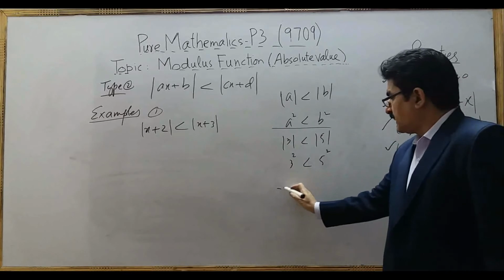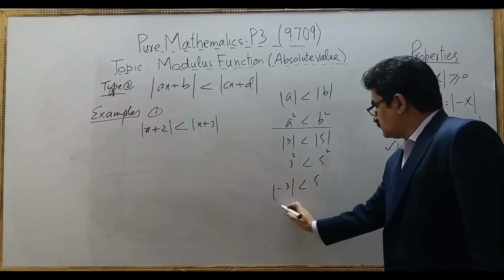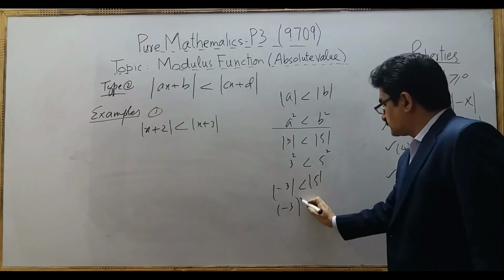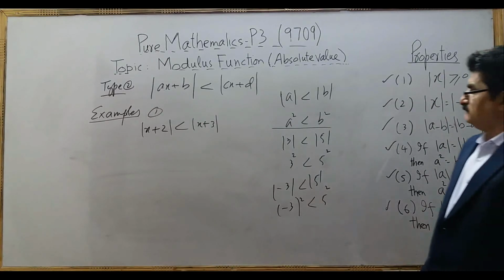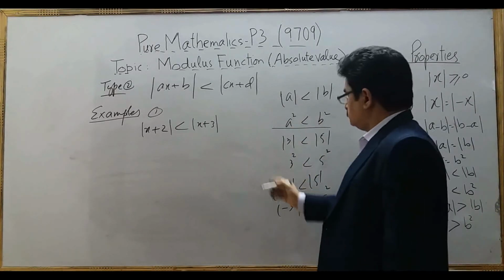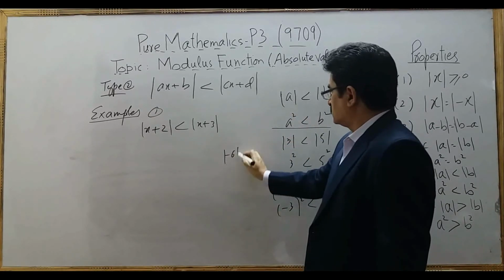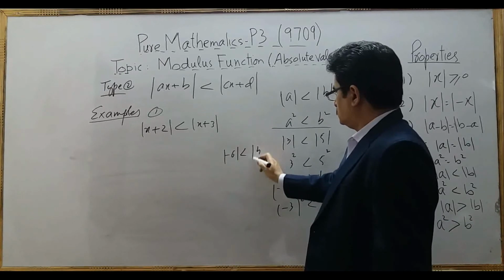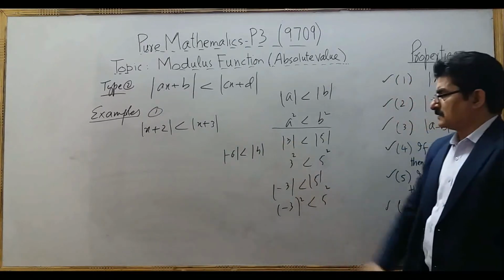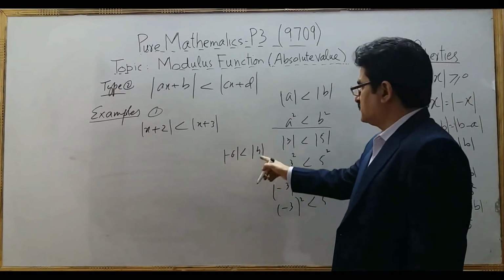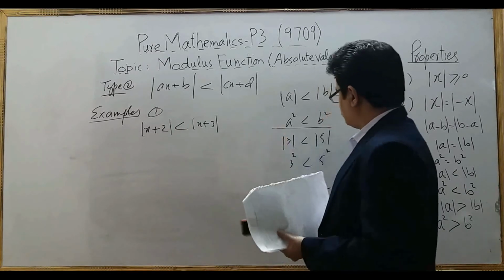Similarly, if you have |minus 3| is less than 5, and if you take squares they will also be less. Now if I write here |minus 6| less than |4|, this is wrong, so their squares will also not be less than this. In this case it will be greater than that.